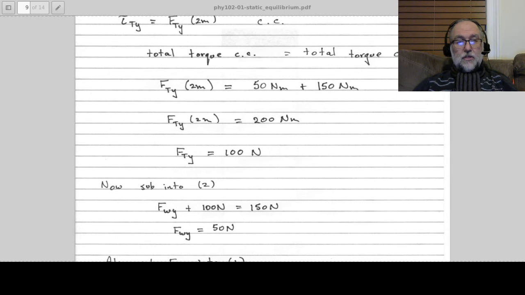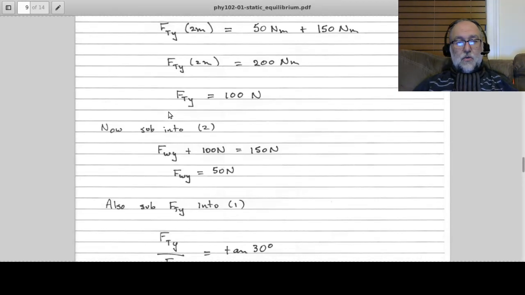So equation number 2, see that 100 newtons, that was FTY. It was FWY plus FTY equal to the 150 newtons down. But we now know that FTY is 100 newtons, and that tells us that FWY is 50 newtons. And so we've got another number. Now we've got the up and down forces, all the components. I'll show you that in a diagram in a minute.